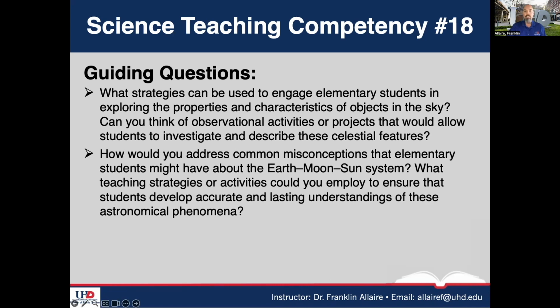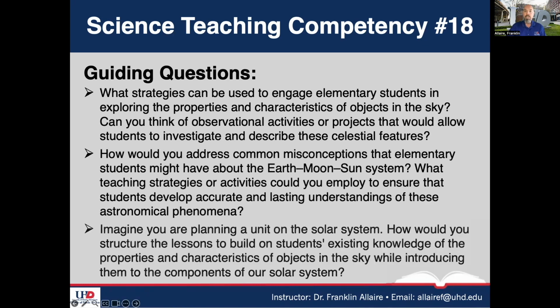What teaching strategies or activities would you employ to ensure that students develop accurate and lasting understandings of these astronomical phenomena? And finally, imagine you're planning a unit on the solar system. How would you structure the lessons to build on students' existing knowledge of the properties and characteristics of objects in the sky while introducing them to the components of our solar system?